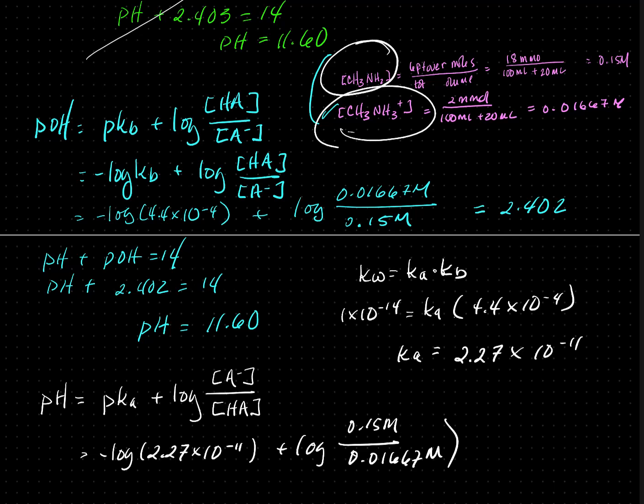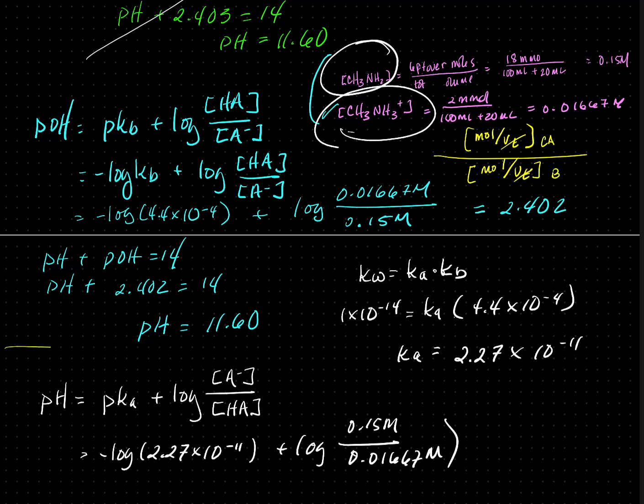As I stated in the previous video, it's going to be moles over total volume. If I use the pOH, this will be the conjugate acid divided by the weak base, moles over total volume, and if you notice, the volumes cancel out, so you could even leave it at moles.